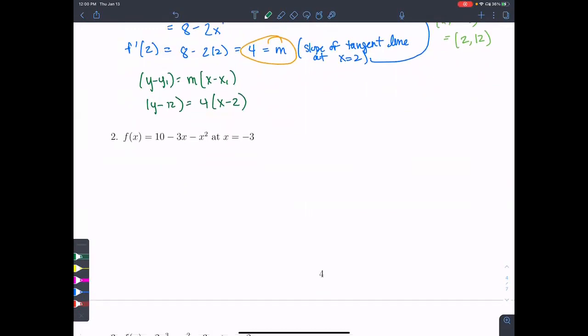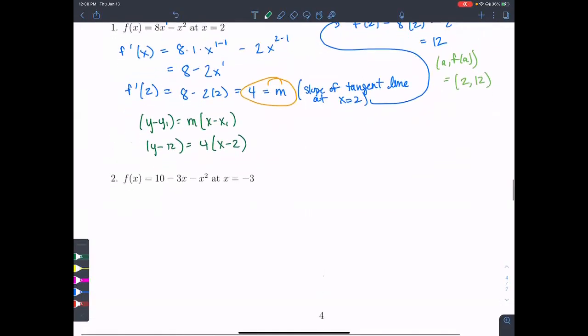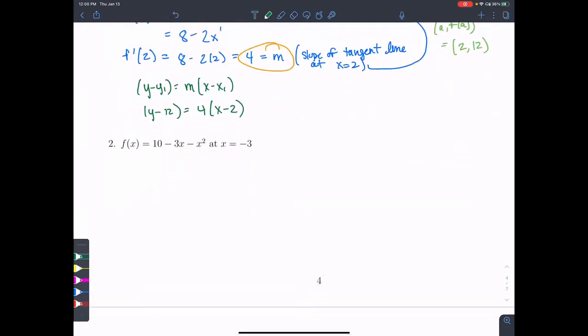Let's just do the derivative first. So f prime of x is going to be 0 minus 3 minus 2x. Again, that is using the power rule. The derivative of a constant is 0. This is a power of 1, so the new power on x would be 0. This is a power of 2, so the new power would be 1, and that 2 goes in front.